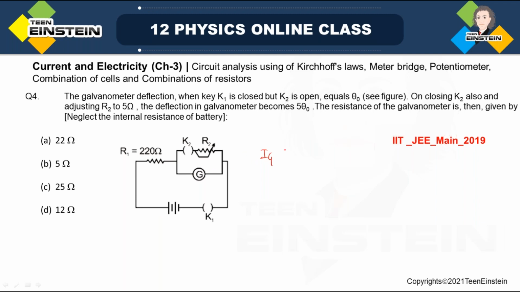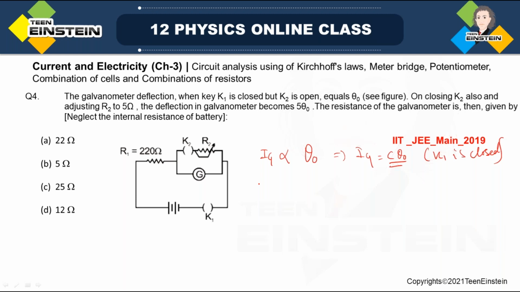So this Ig is directly proportional to the deflection theta 0 in the first case. Directly proportional to theta 0, so I can write this Ig is equal to C theta 0 in the beginning when K1 is closed, that time.